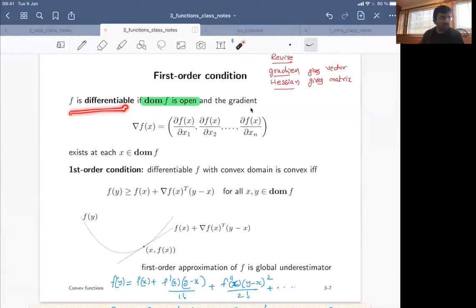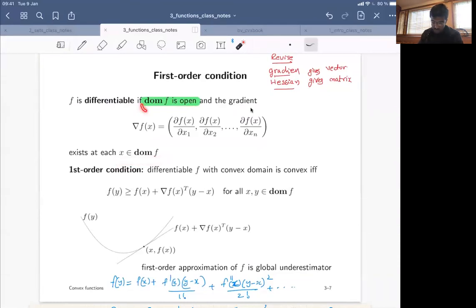Then only can we say something involving differentiability. So when do we say that a function is differentiable? When the domain is open and the gradient exists at each point, right?